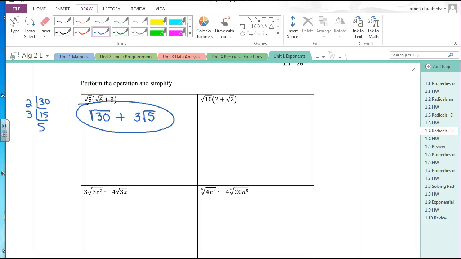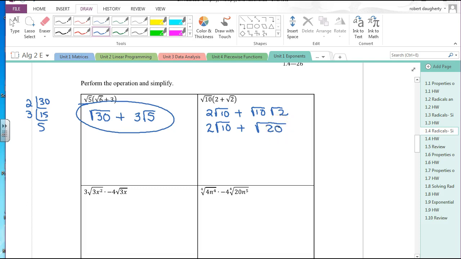Let's look at the next one. Square root of 10 times 2 plus root 2. Okay, so you distribute this. You get 2 square root of 10 plus the square root of 10 times the square root of 2. So this is 2 square root of 10 plus the square root of what? 20. Now, square root of 10, that's 2 times 5.